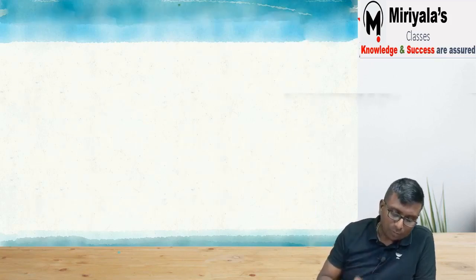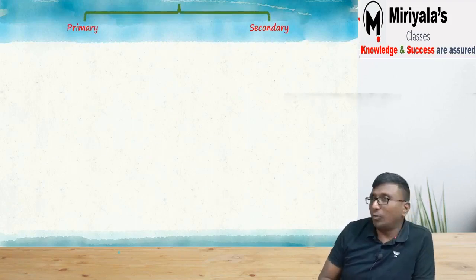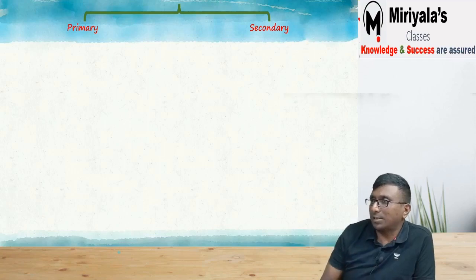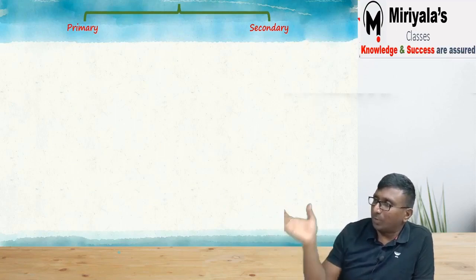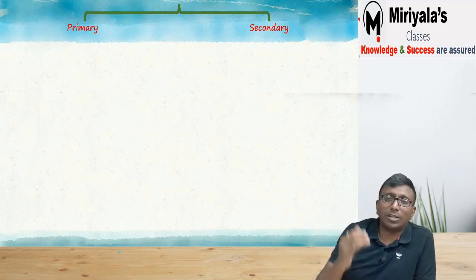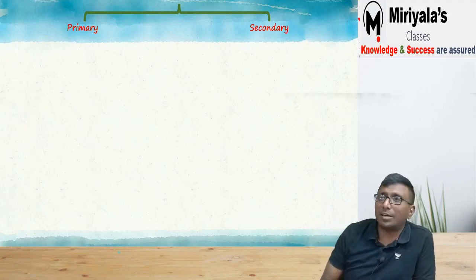Shall we go to the next slide? Next, we discussed just now, there are two indicators to decide the functional currency. First is the primary indicator, second is the secondary indicator.